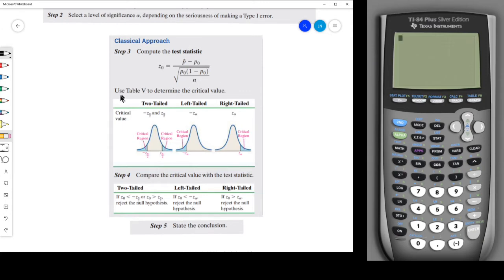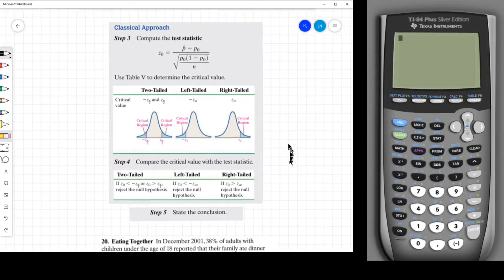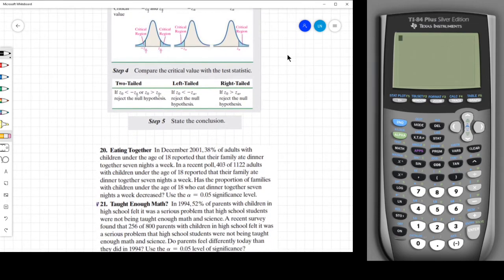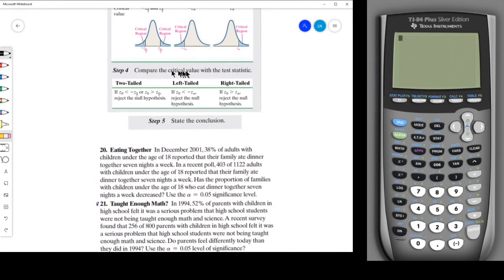Now, the book says use table 5. I'm going to use table 7 to determine the critical value, and we'll talk about the difference in the tables in a minute. And then we compare our critical value to the test statistic.